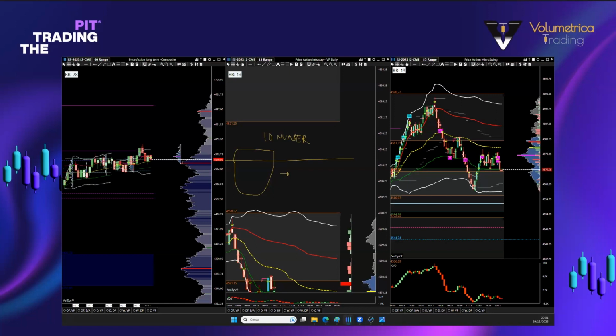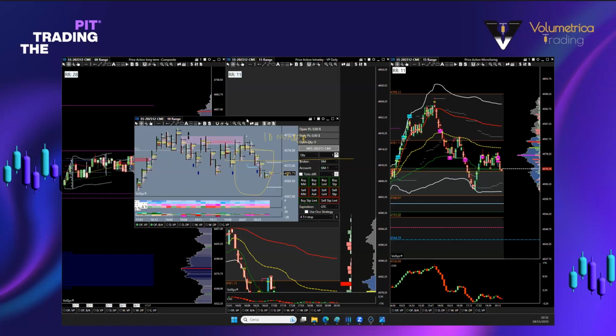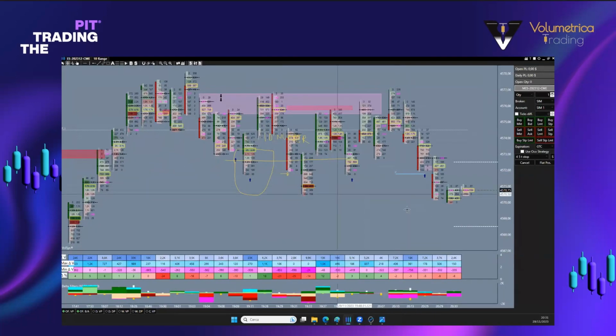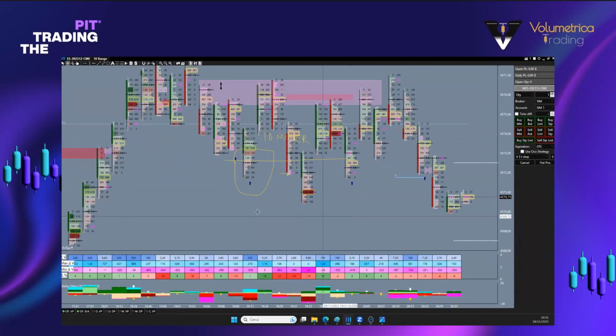let's make the same example using a footprint chart. Okay. The previous swing low was traded here.